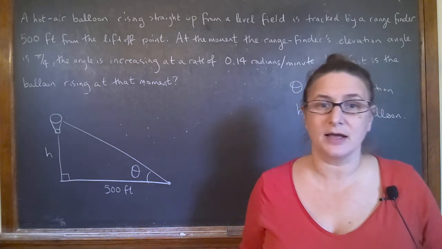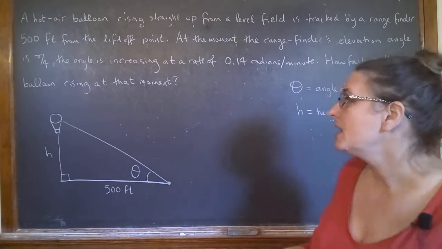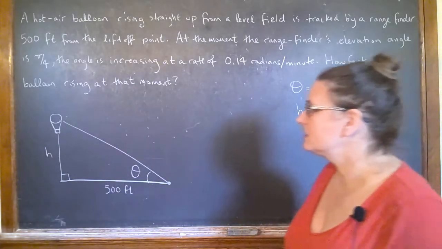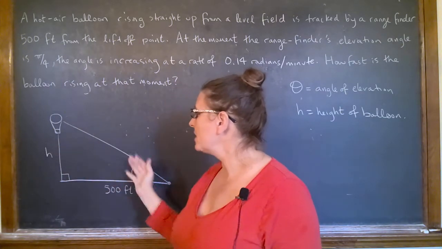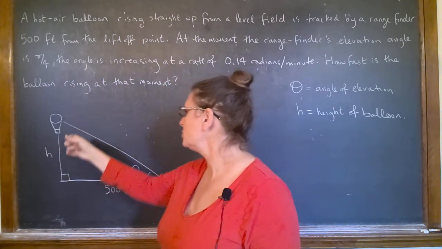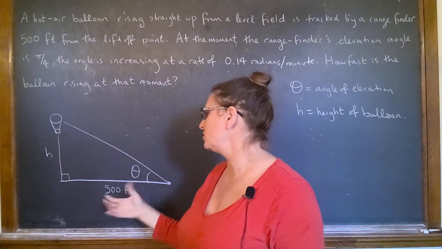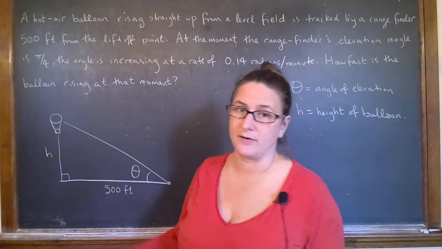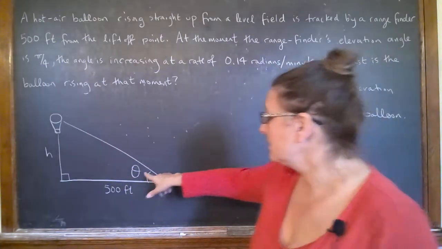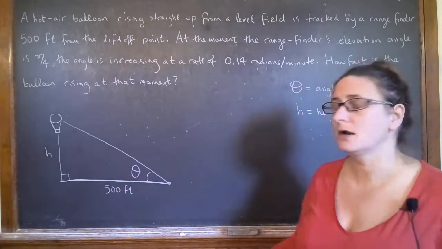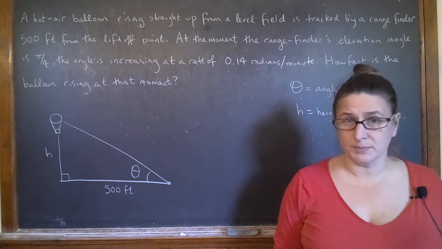So that's why this is calculus, because we have a bunch of derivatives. The idea is, as this balloon rises, all these quantities change. h changes, this distance changes, theta changes. The only thing that stays constant here is this length, because that's not changing. However, these other quantities, specifically h and theta, are changing with respect to time.